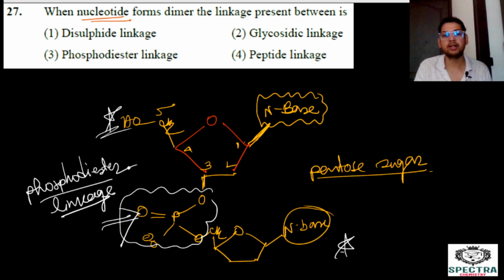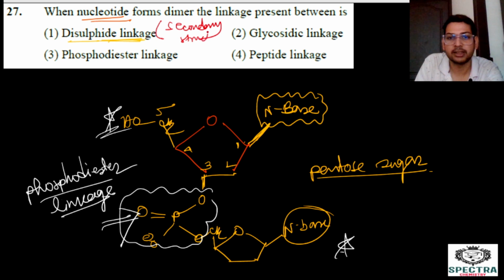linkage. And for anyone preparing, as another example, disulfide linkage we can get in the secondary structure of protein.